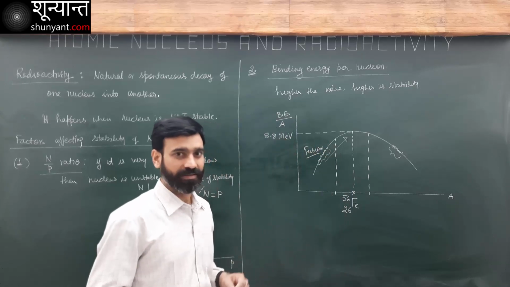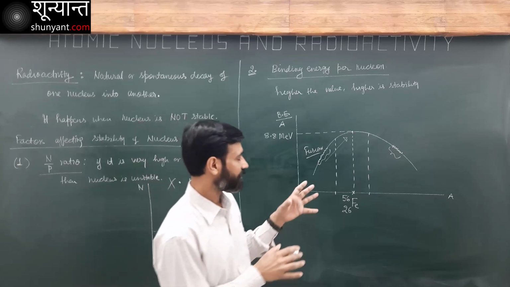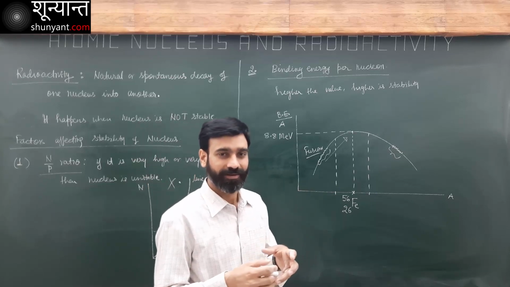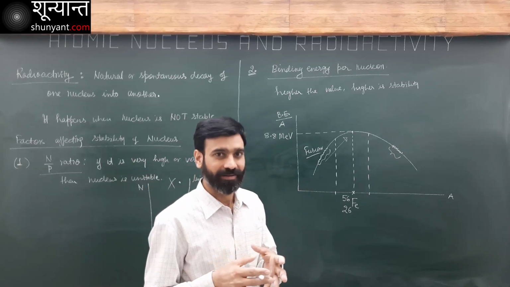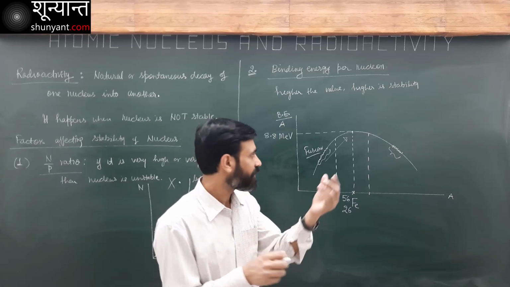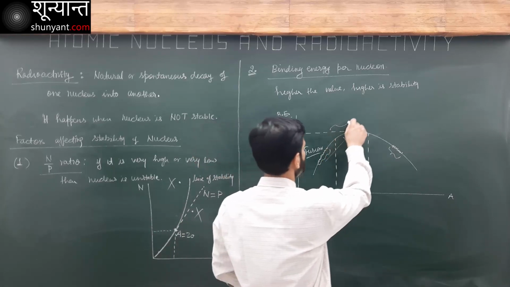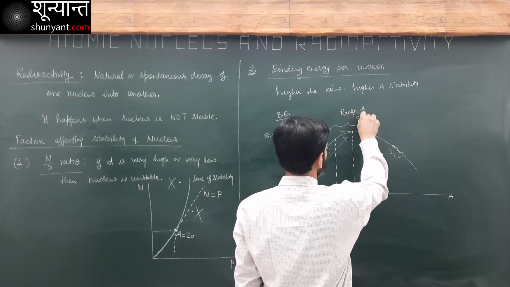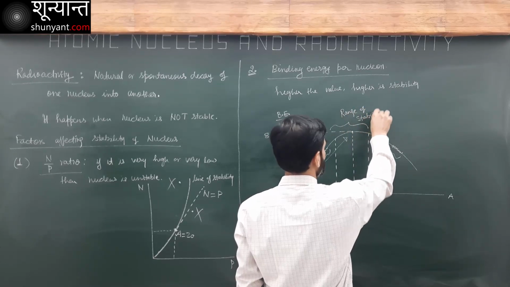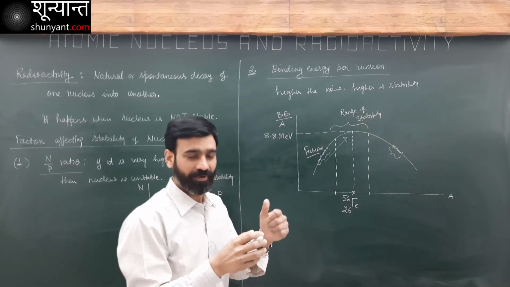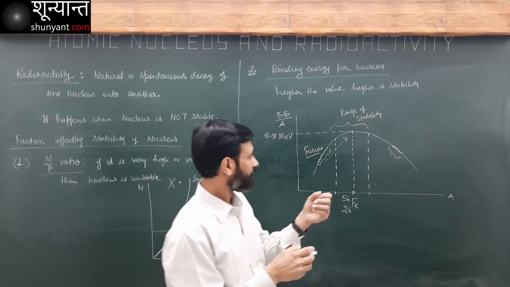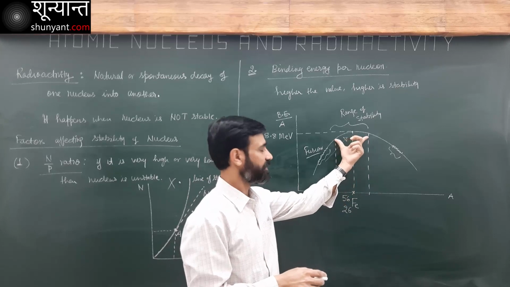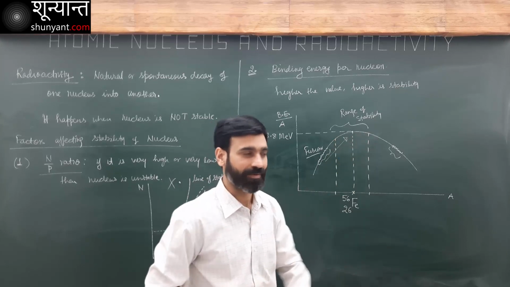Two light nuclei will fuse into one another to achieve stability, and the product will be in this range. This is the range of stability. So they will fuse together and make a nucleus having a mass number in this range, so it will become stable.